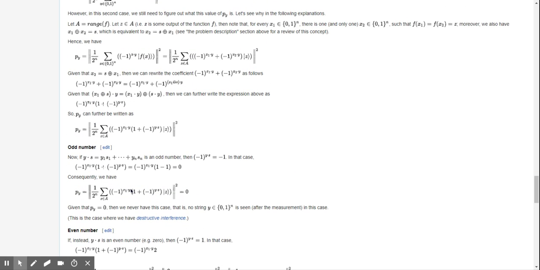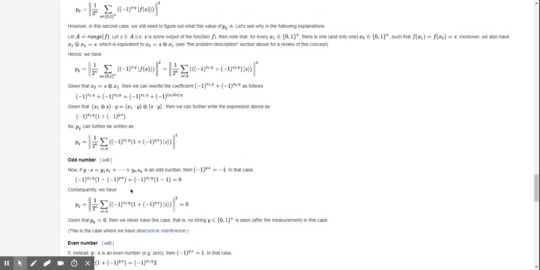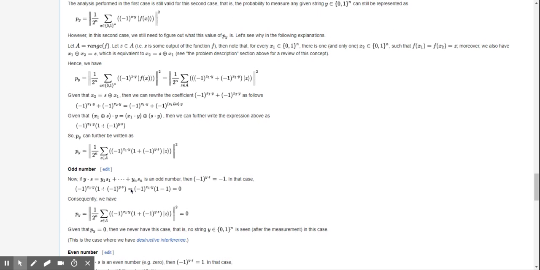Okay, so here they write the probability. I just don't like to go down to the level of the math to explain that intuitively. I'm just kind of missing that intuition.